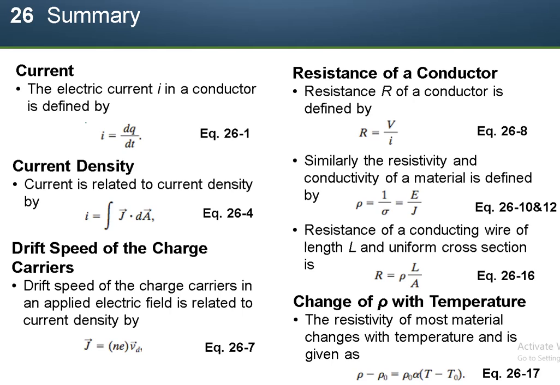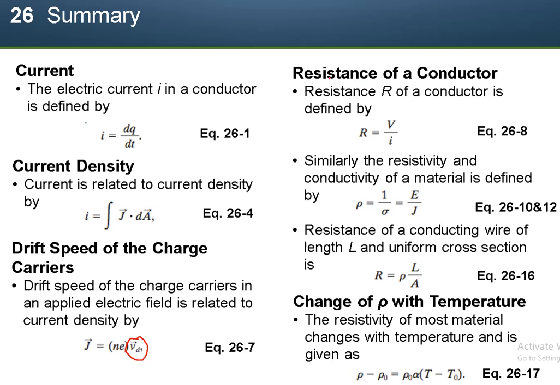J is equal to n e Vd. So with the help of this, we can easily find the value of Vd, which is called the drift speed. Vd is equal to J divided by n e, where n is the number of electrons per volume, J is the current density, and e is the charge.